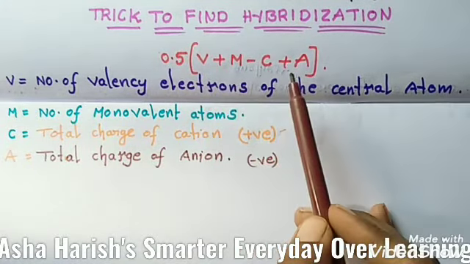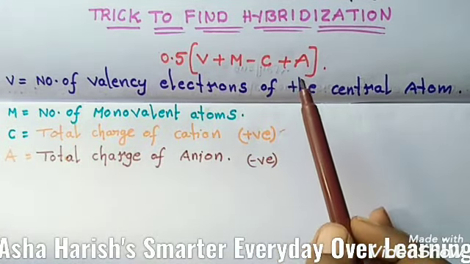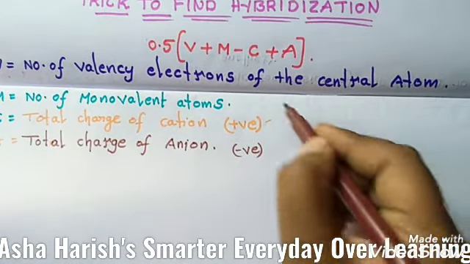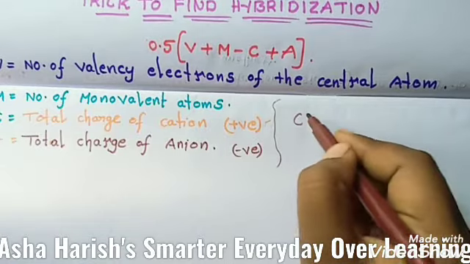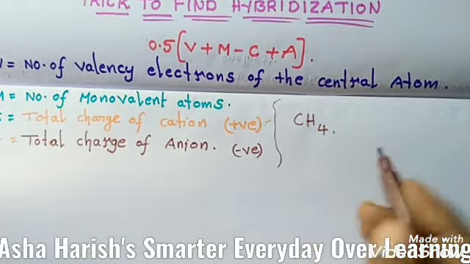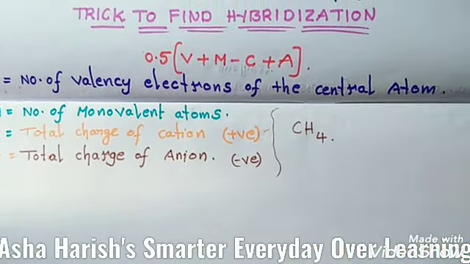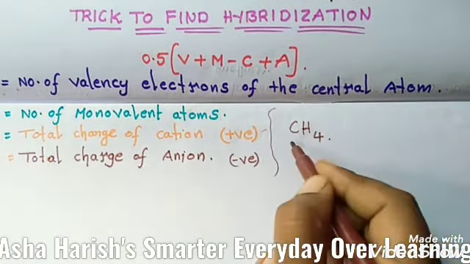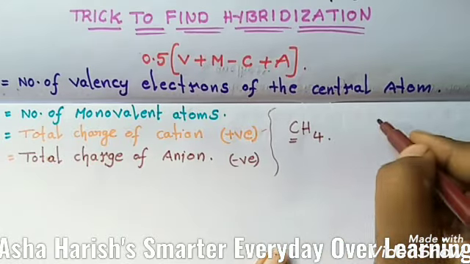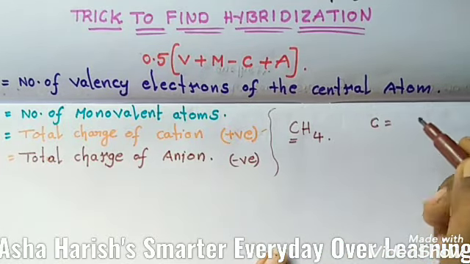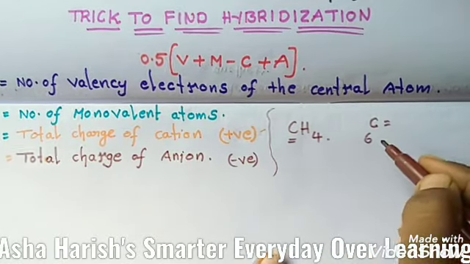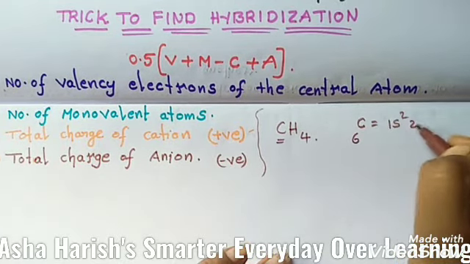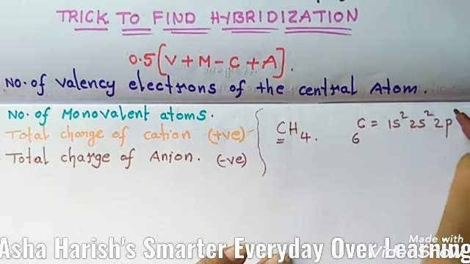This is the simple trick to identify the type of hybridization of a molecule. Let's see the examples now. CH4: carbon and hydrogen, these two are present, and carbon is the central atom. The atomic number of carbon is 6, and according to the molar chart the electronic configuration is 1s2, 2s2, 2p2.